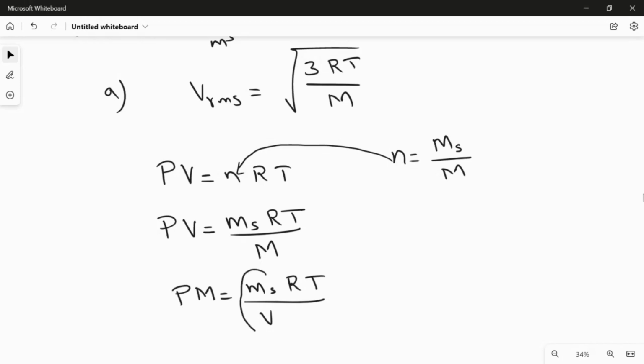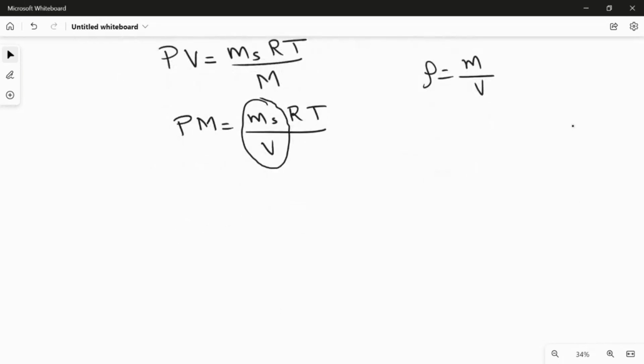As we already know, the density is equal to mass over volume. So we can easily rewrite this equation as PM equal to rho multiplied by RT. Here I'm going to rewrite this equation in terms of rho.